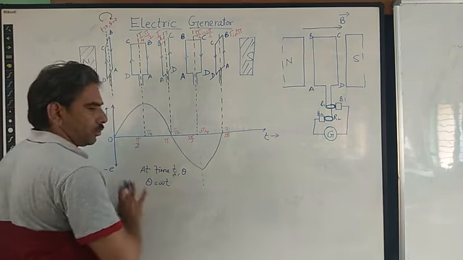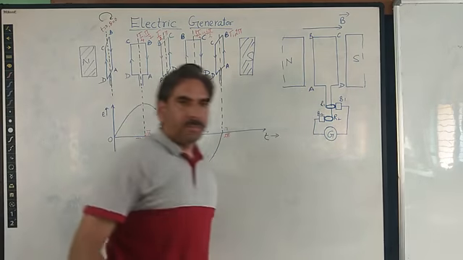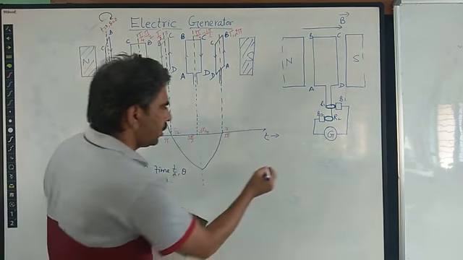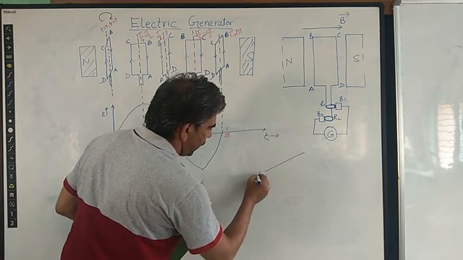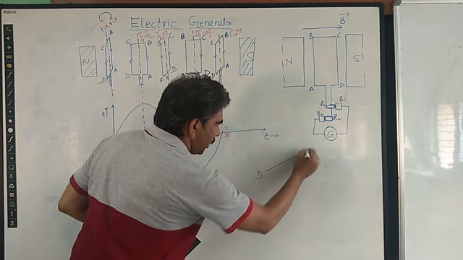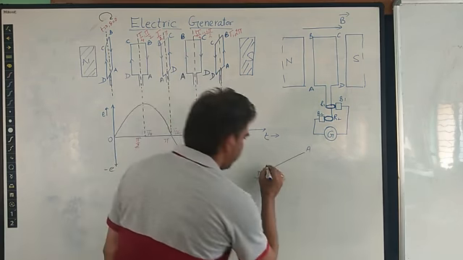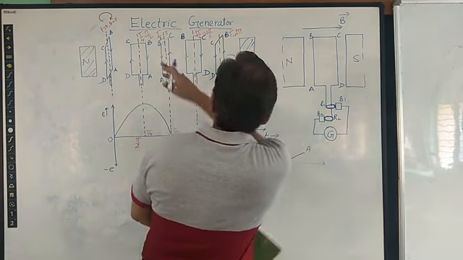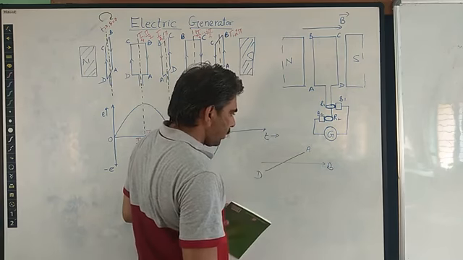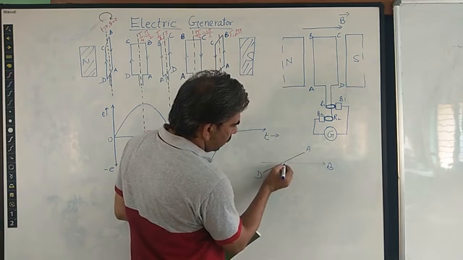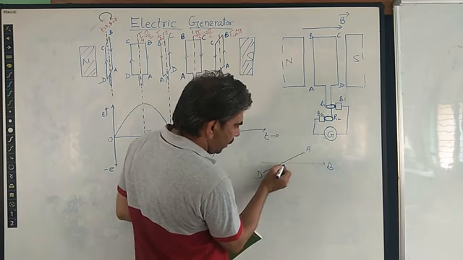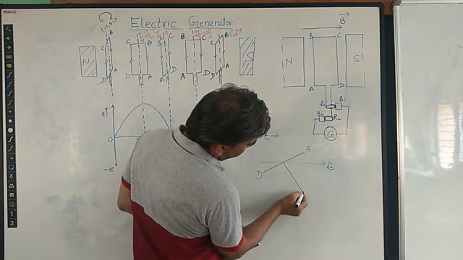So to understand this situation, we are observing it from the front side. So we will see only one face. We are observing this face AD. Suppose that the magnetic field is always along this direction, as in this case, right, and the normal to the plane of the coil is its area vector, along this direction.